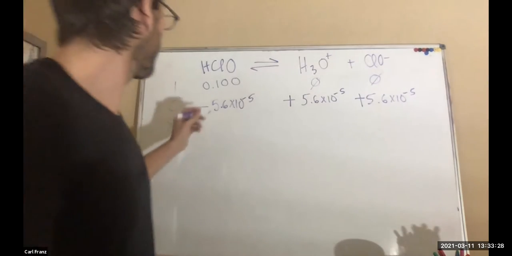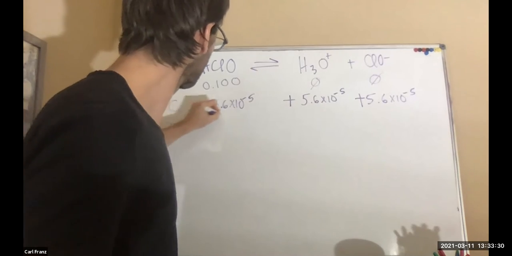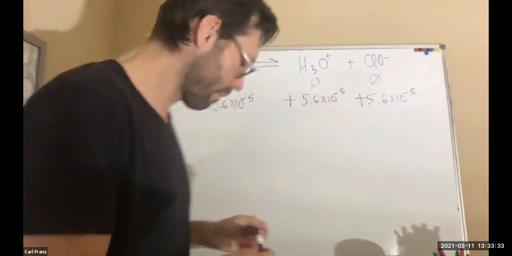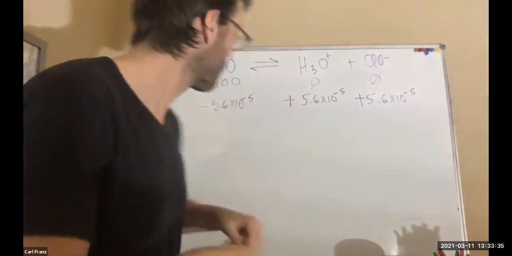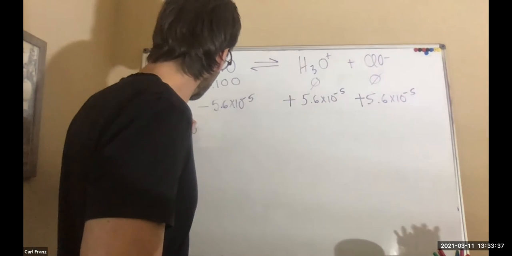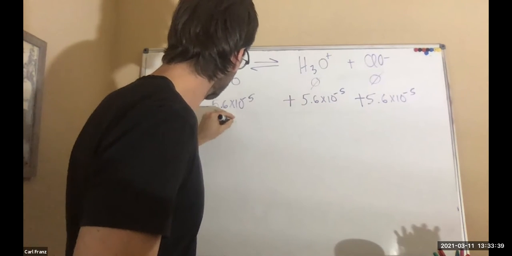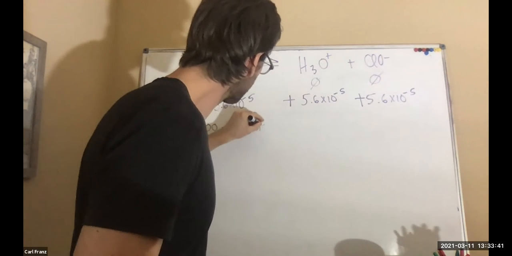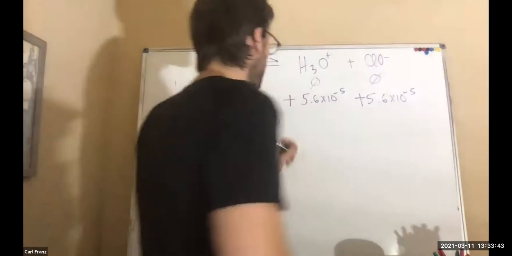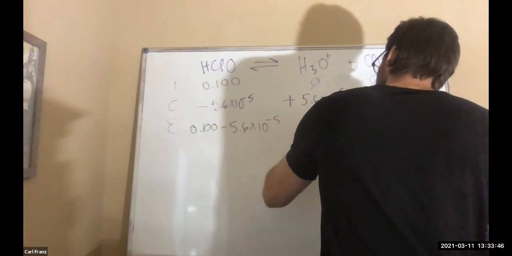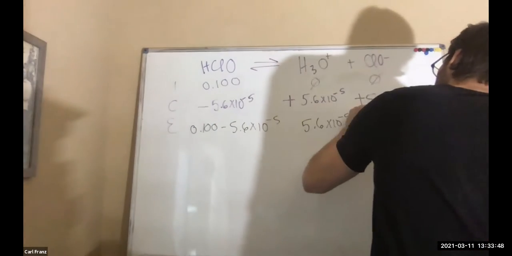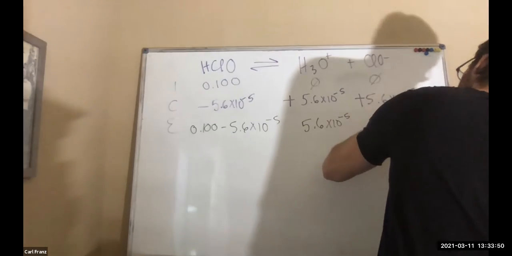And so what do we get? Oh no, all my markers are running low. We get 0.100 minus 5.6 times 10 to the negative 5. And then we get 5.6 times 10 to the negative 5, 5.6 times 10 to the negative 5.